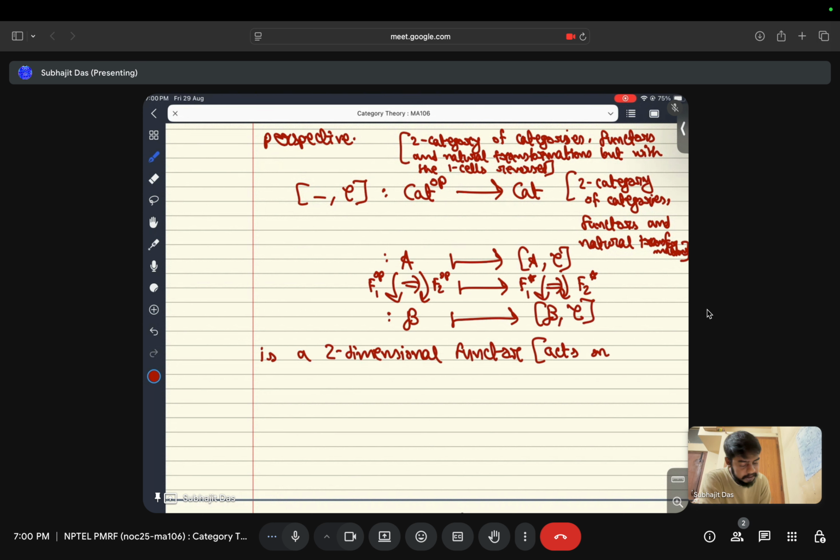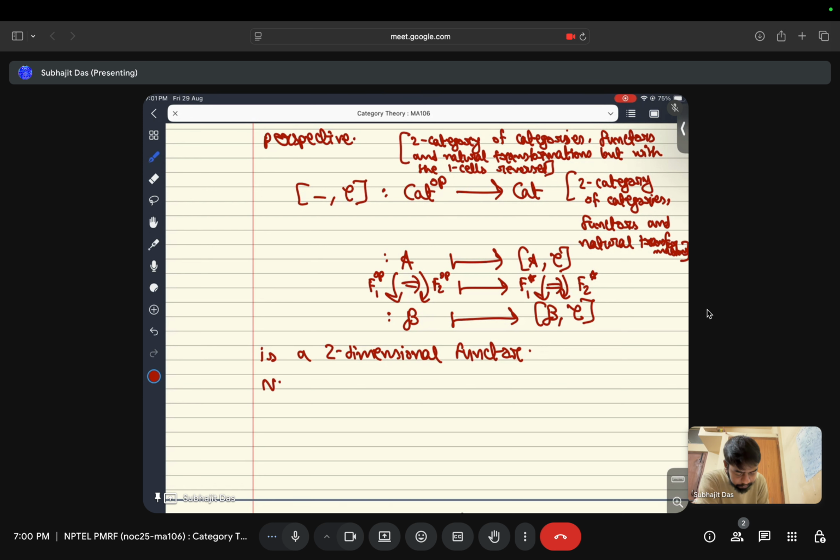Okay, I mean, I don't want to write this because this might only confuse you a bit more, but it's a two-dimensional functor. To spell out, it acts on objects, it acts on the one-dimensional arrows, and it also acts on the two-dimensional arrows, from one-dimensional arrow to another one-dimensional arrow, right?